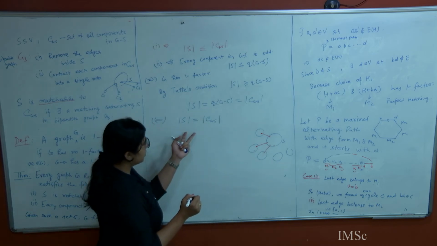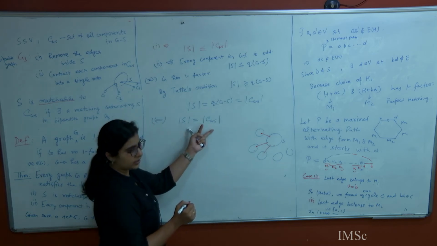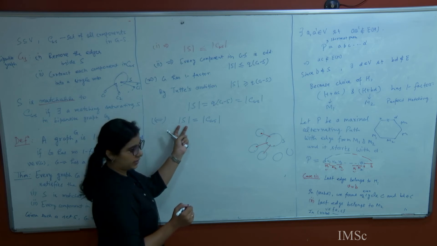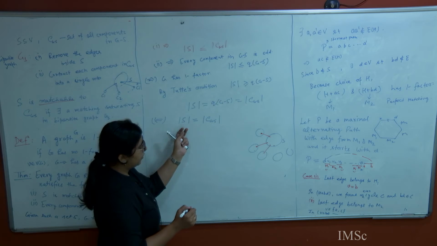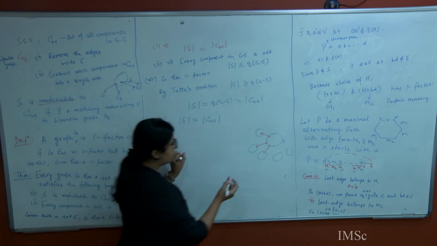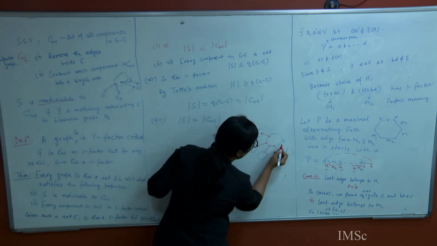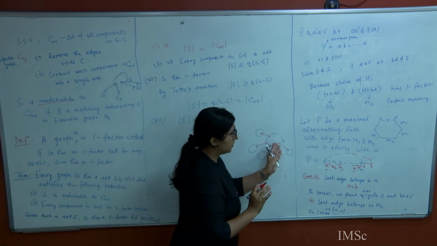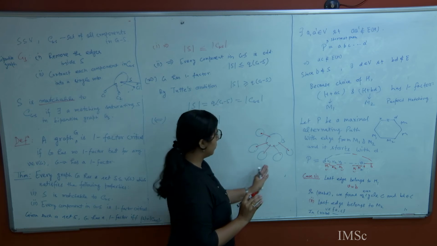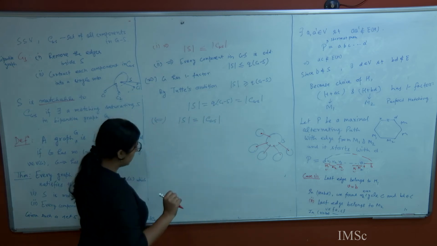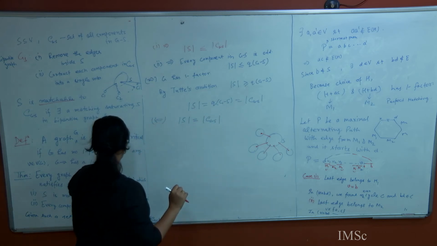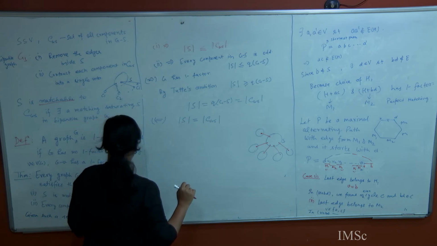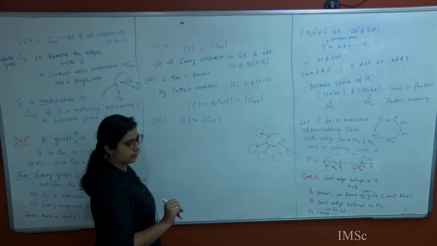Because the cardinality of S is exactly the number of components of G minus S, to saturate every vertex in S we have to take one edge to each component, right? So it will look like this, and this is the entire set S. And what's the second property? The second property is that every component in G minus S is one-factor critical.